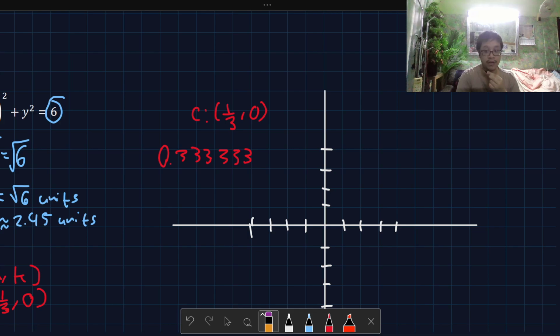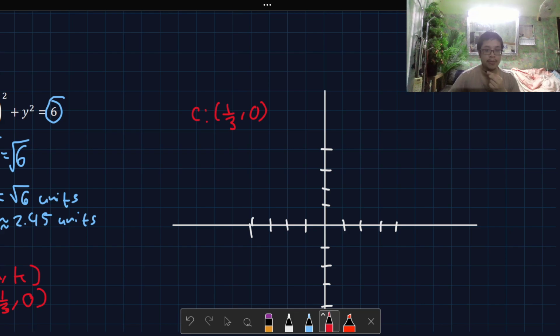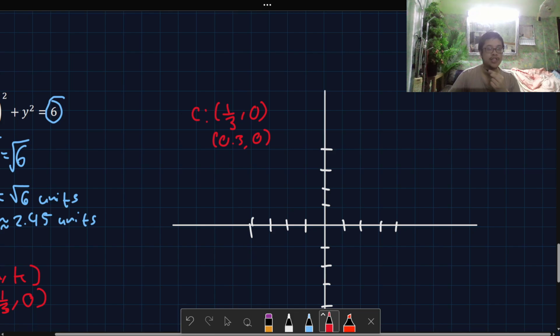All you need to do is estimate it. So let's do it this way. Let's make it 0.3. Let me just erase this one. So where is 0.3 located? The middle number between 0 and 1 is 0.5.